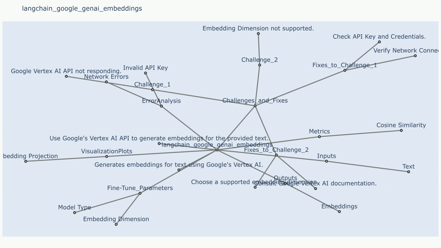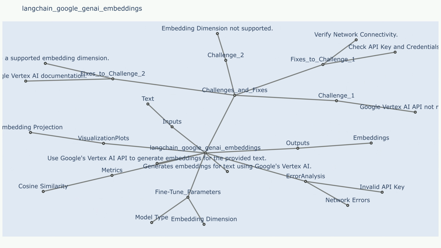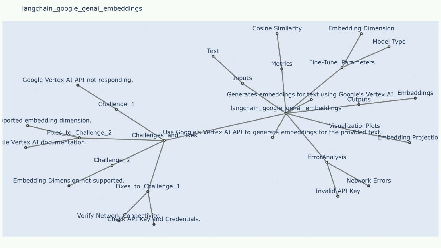Metrics. Metric 1: embedding similarity. Measures the cosine similarity between two embeddings to assess their semantic relatedness. Metric 2: dimensionality. The number of elements in the embedding vector, which can influence the model's complexity and performance.